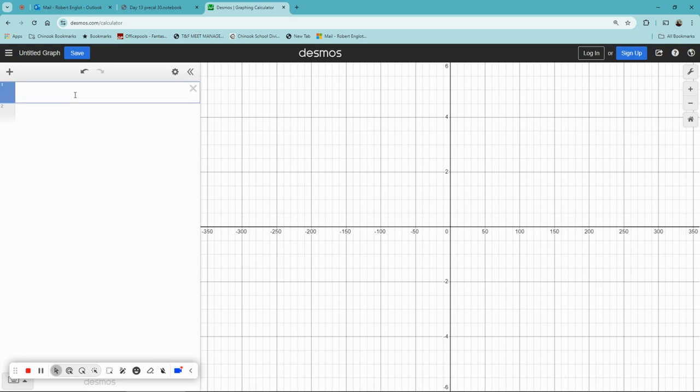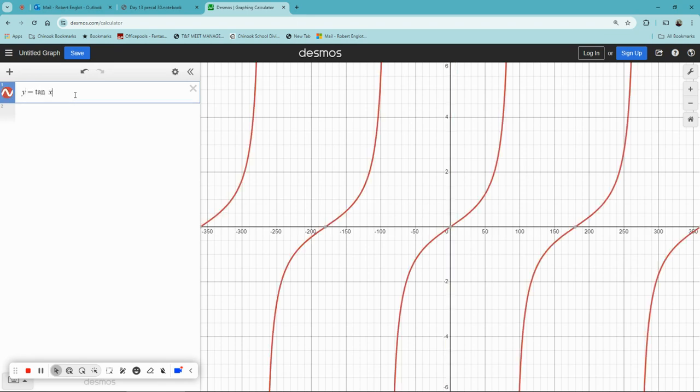Okay, so let's do y equals tan x. Okay, and then we'll do the cotan beside it.